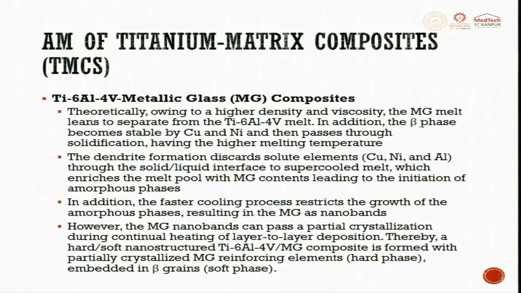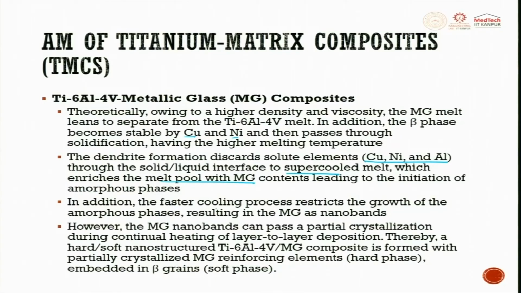In addition, the beta phase becomes stable by copper and nickel and then passes through a solidification having a higher melting temperature. For the dendritic formation, these are the elements which play a very important role in the supercooling of the melt, which enriches the melt pool with Mg.